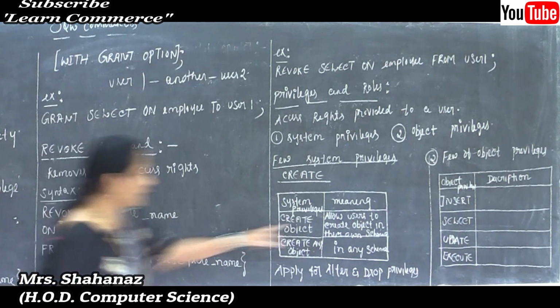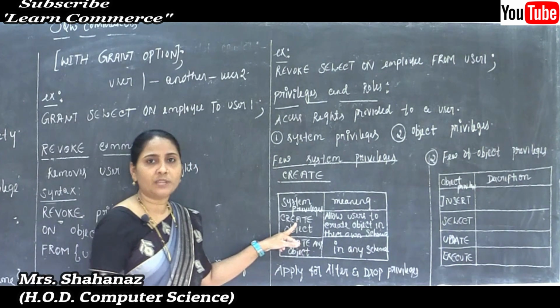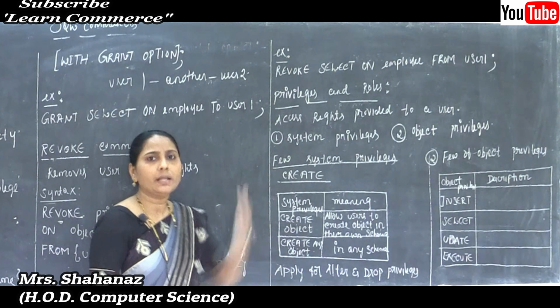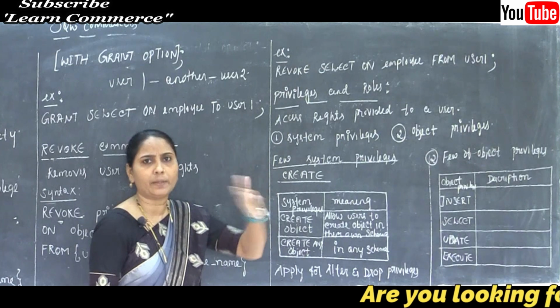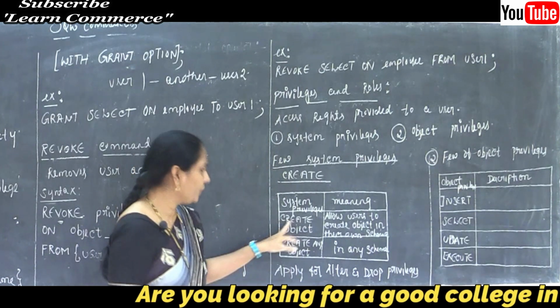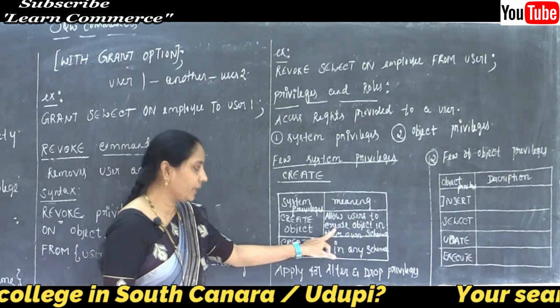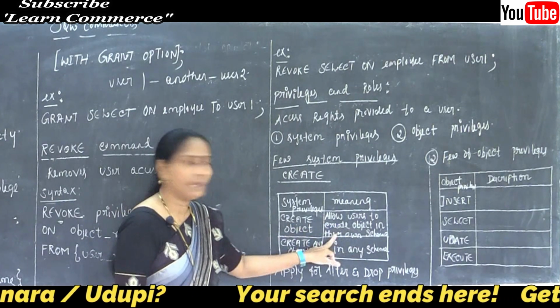So that is called the create object. Create the table, perform some of the operation. What's the operation? That means we are going to enter the data by using the table. So we can say that create object allows the user to create the table in their own schema.